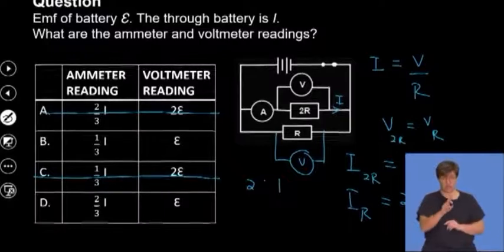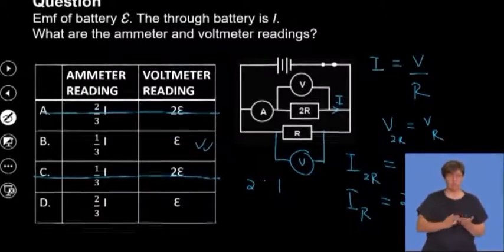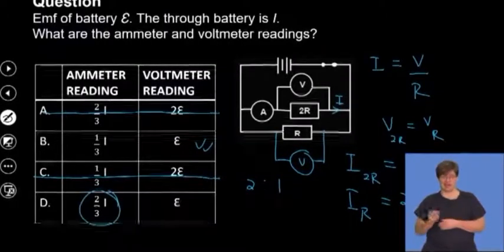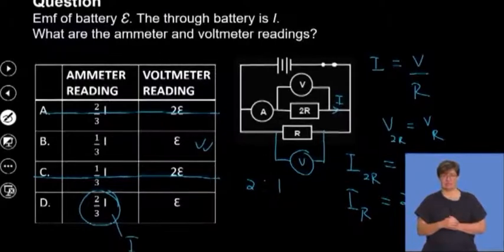So the one that goes through 2R will be 1/3 of the total current in the circuit, which means our solution in this case is option B. This is the current that goes through R.